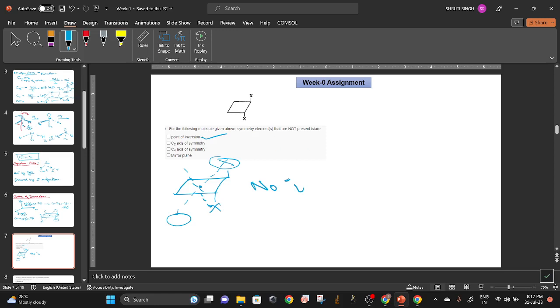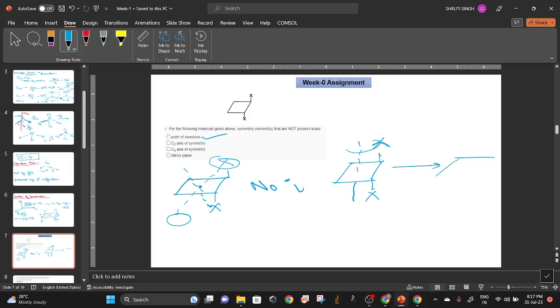Now look for a C2 axis of symmetry. Where the C2 will be, you have to check through all the directions. Okay, now if I put a C2 like this, through this plane, if I rotate 180-degree in plane, I am not changing the plane, the plane is there only and I'm just rotating.